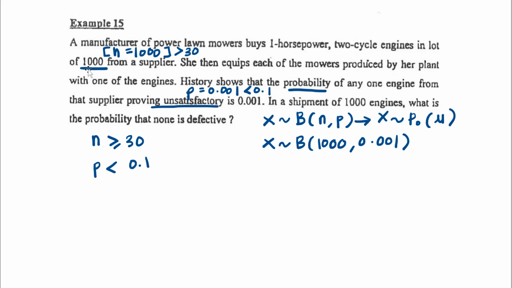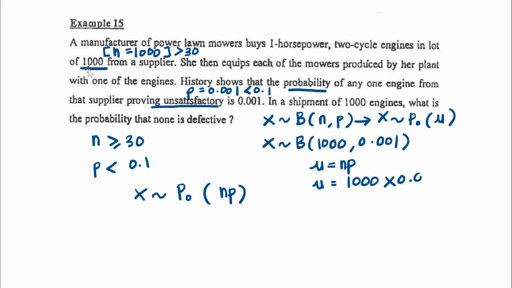approximation. How to use the Poisson approximation? Our mu is equal to n times p. Now, our n is 1000 and our p is 0.001.